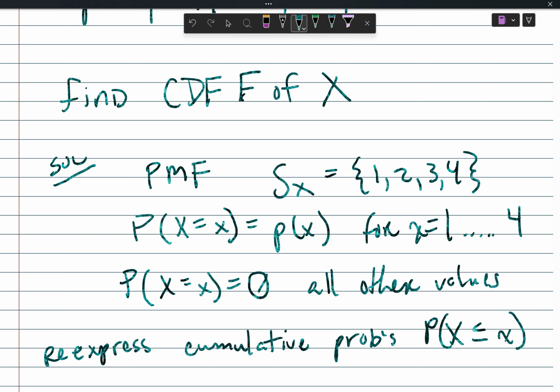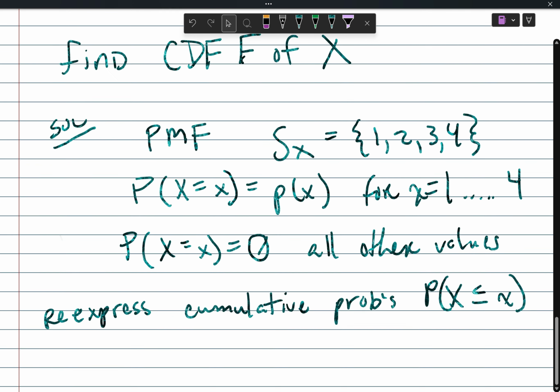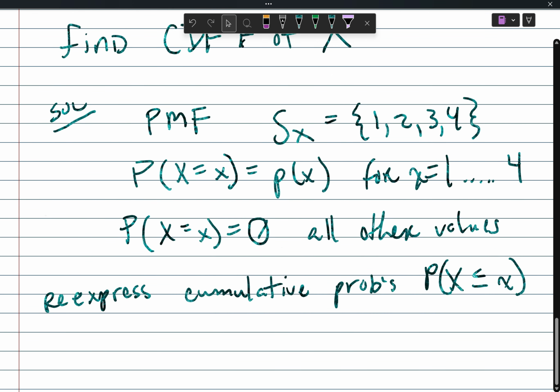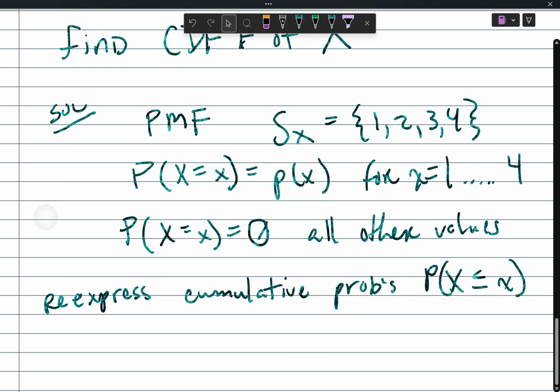Note first that P(X ≤ 1) is equal to P(X = 1). This is because X does not take values less than 1.